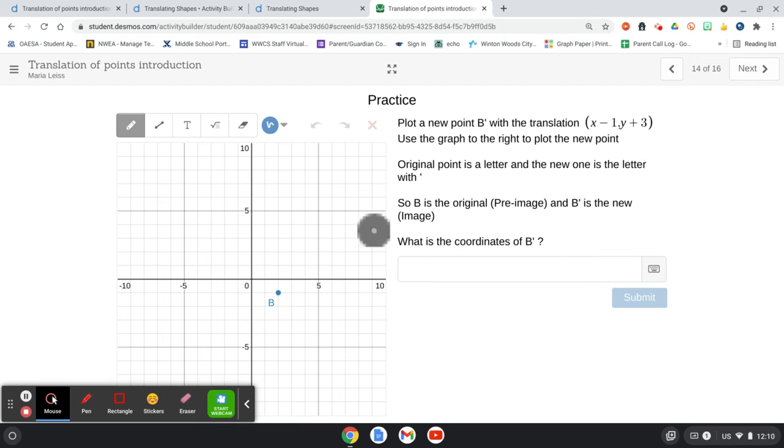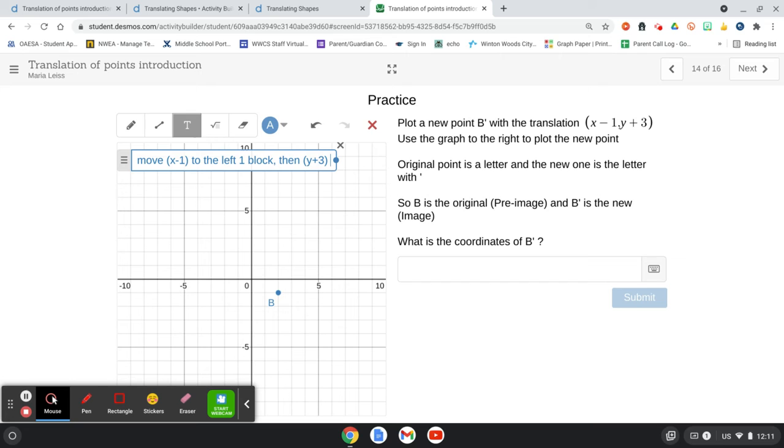Now I'm going to take this point and translate it using this rule. The rule says x minus 1, so x minus 1 means move to the left this time, 1 block. Then y plus 3, I'm going to go up 3 blocks.